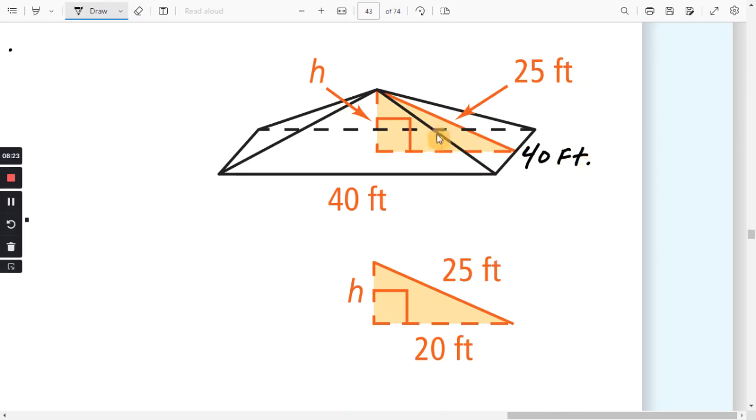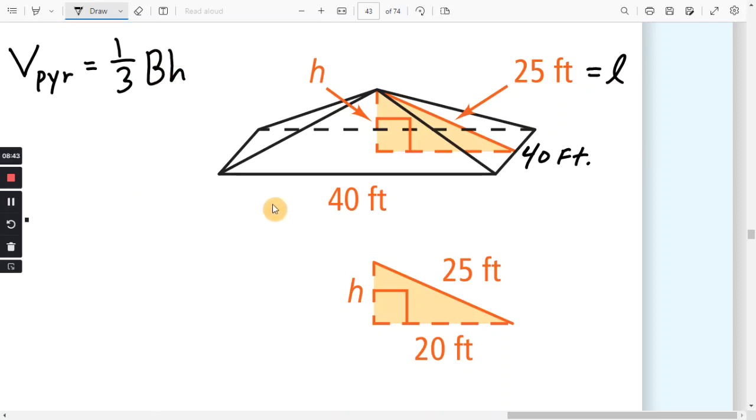And they gave us the slant height L is 25 feet. And we said before the volume for the pyramid is 1/3 base times height.